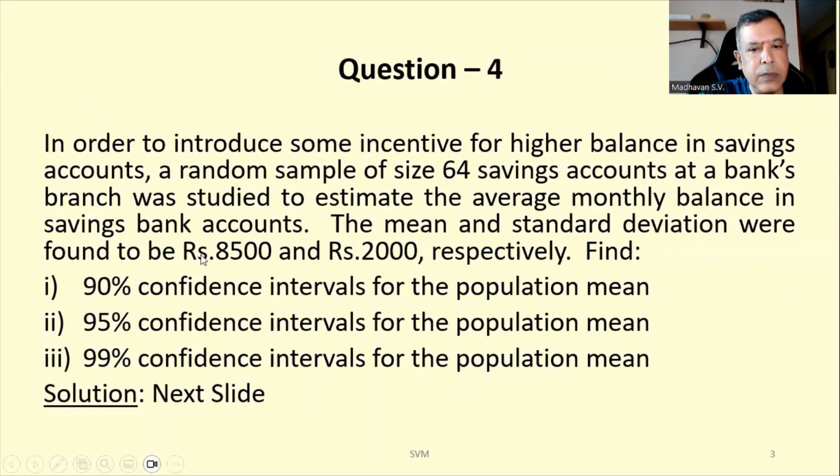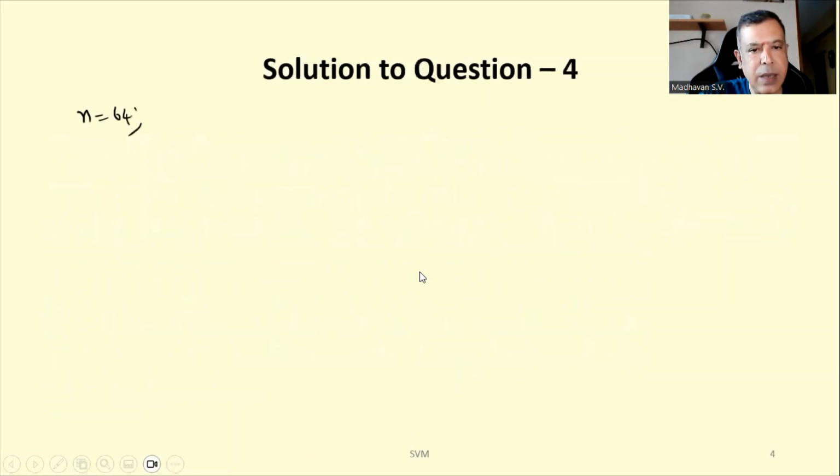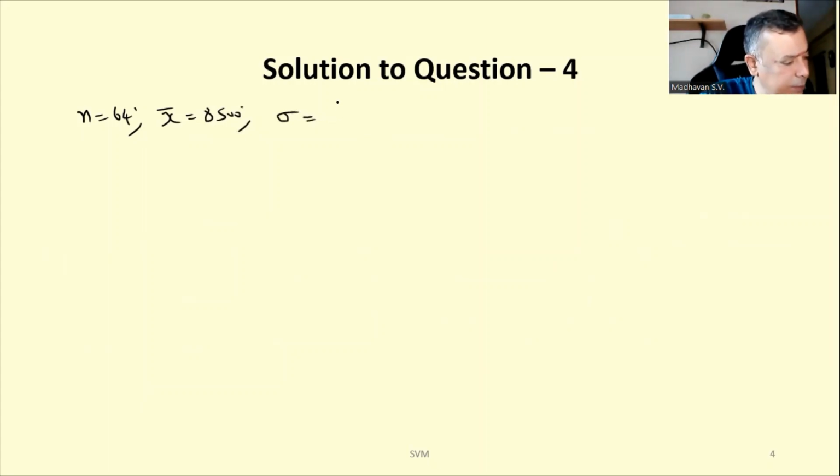And the mean and the standard deviation are given as 8,500 and 2,000 respectively. Means the sample mean is 8,500 and the standard deviation is 2,000.